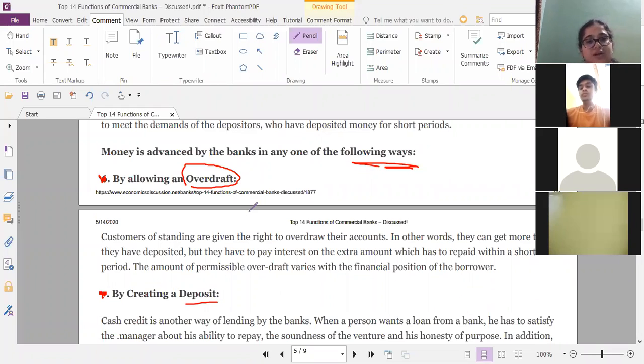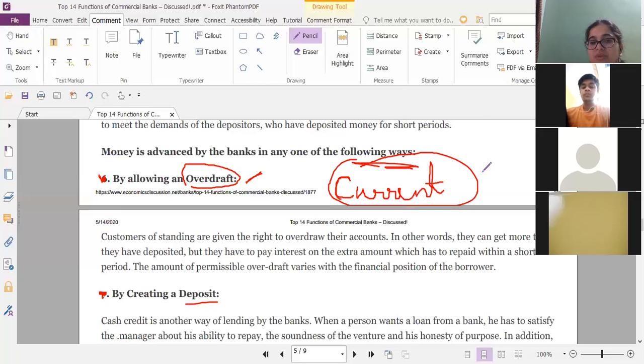Overdraft is related to one type of deposit account we studied under deposits, that is the current account. Usually this overdraft facility is given to current account holders, and this account is usually opened by businessmen.